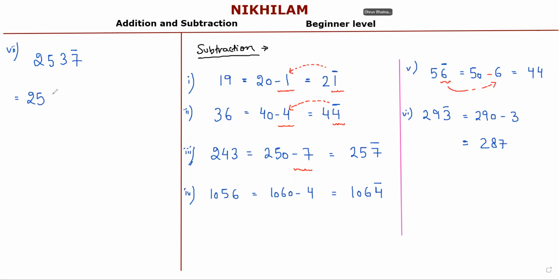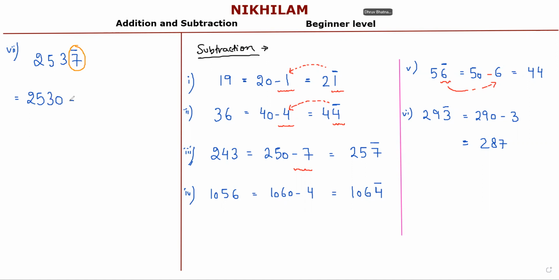See, if you are getting confused, what do you remember? The technique is the bar is only over one digit. So place 10 instead of the digit, and place the 0 instead of this digit.